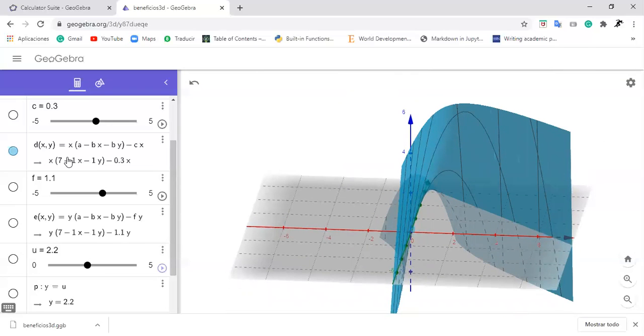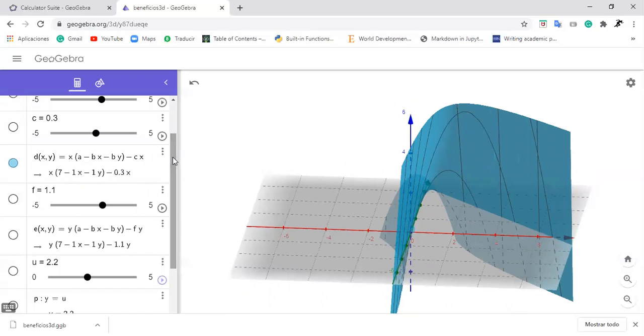Just check this equation. This equation is nothing else but the equation of profits, which is just the subtraction between two terms: total income, which is this first term, and the total cost, which is the second one. So total income minus total cost is going to be the profits.